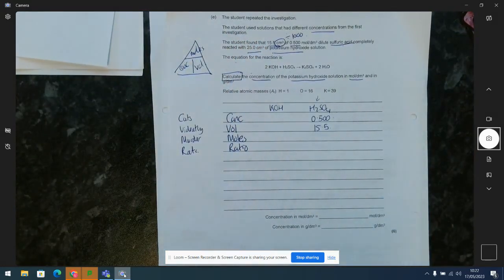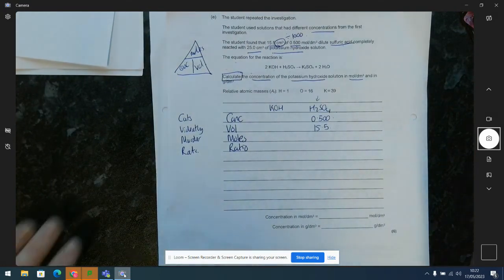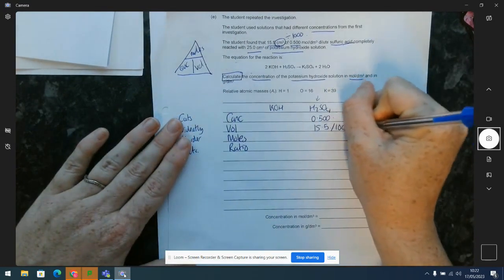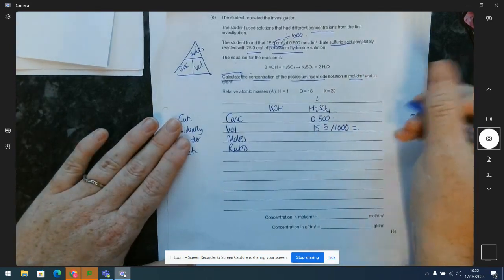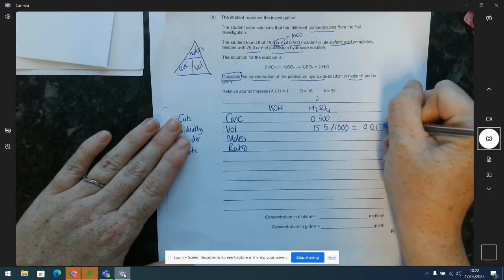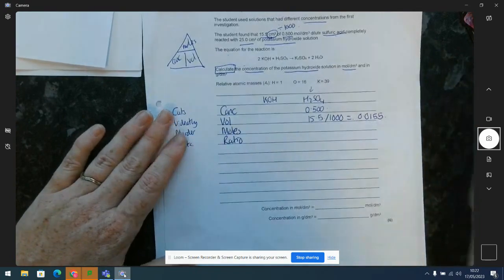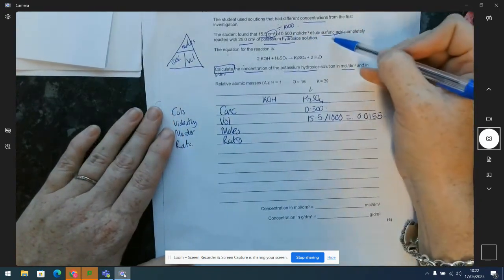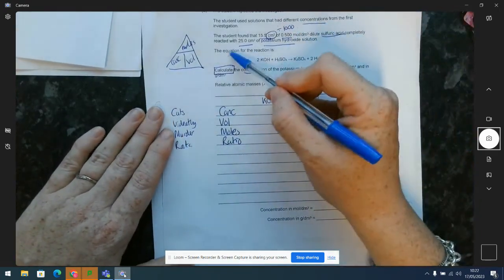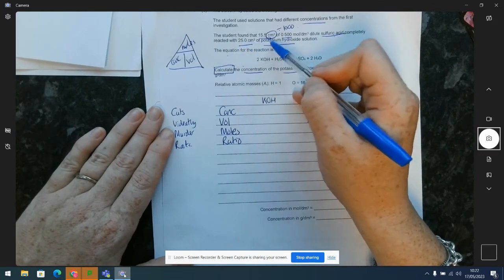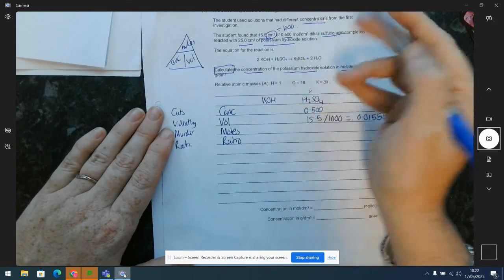Okay, so 15.5 divided by 1,000 will give me a number of 0.0155.